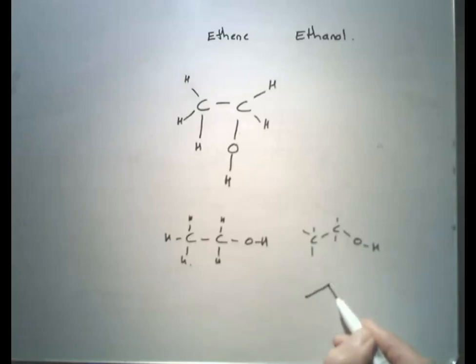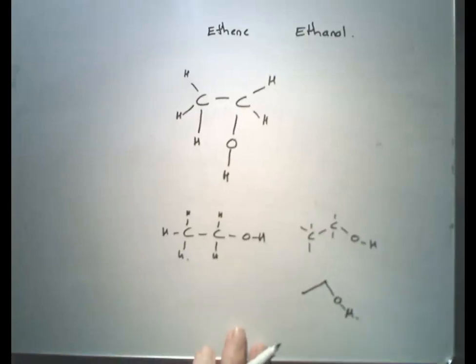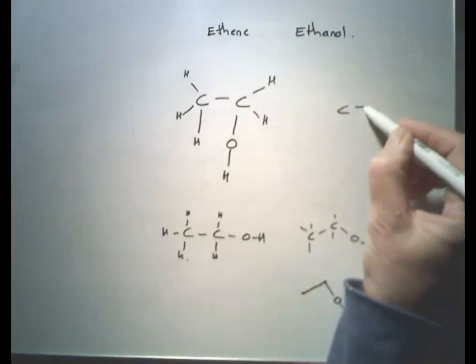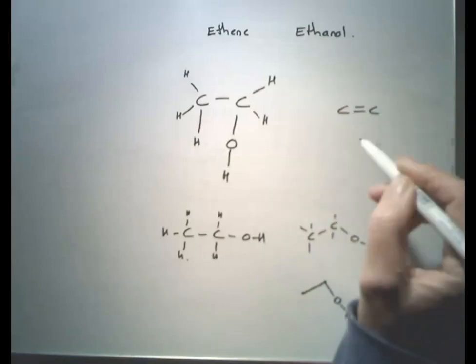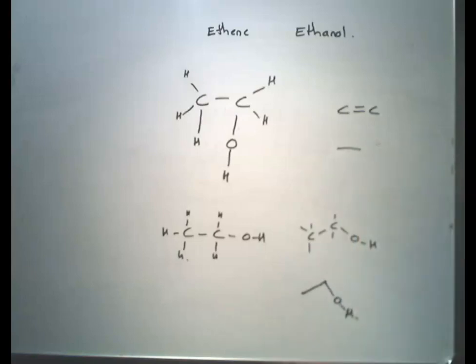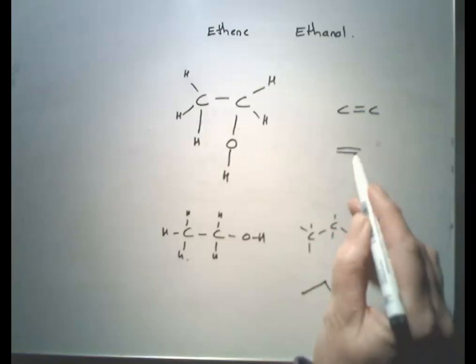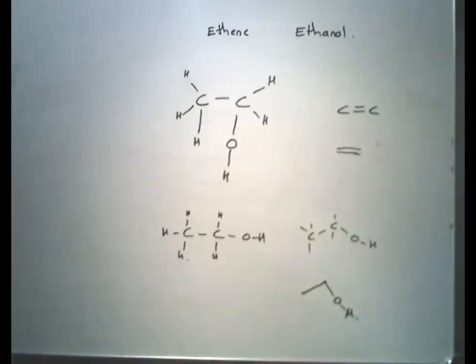Okay, and then this carbon links to that oxygen and hydrogen. So this would be a skeletal drawing of ethanol. And we've done that from our ethene, and that's actually a drawing of, oops, sorry, with two lines. That's a drawing of ethene, skeletal drawing.